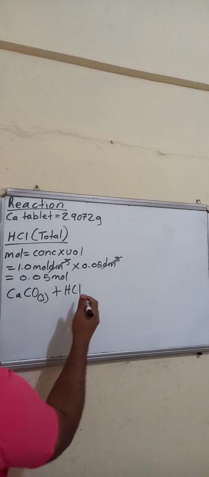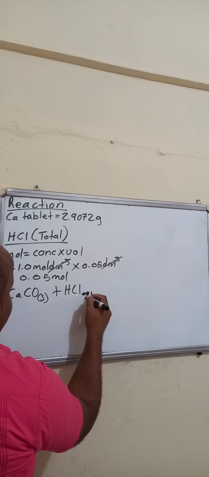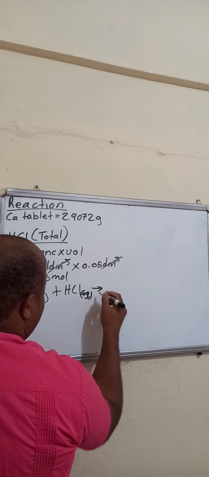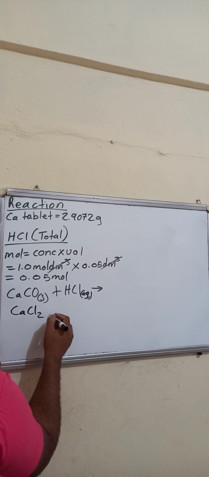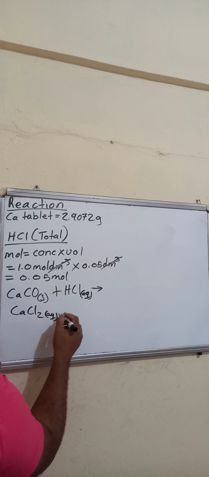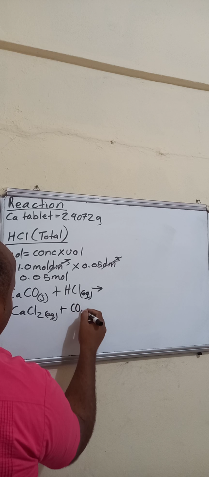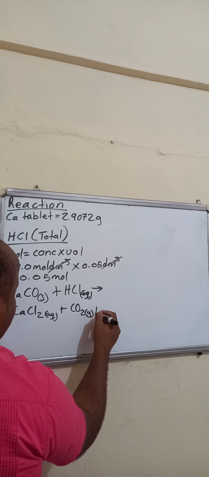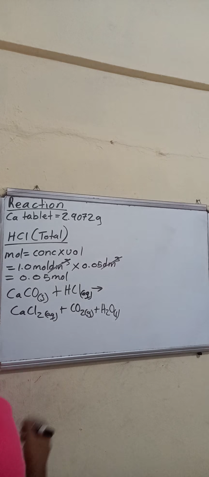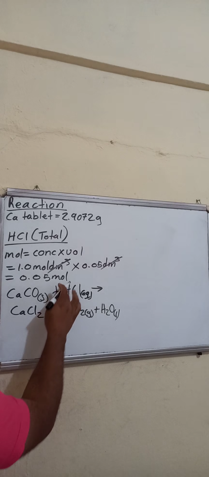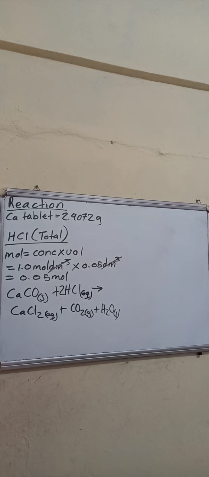So calcium carbonate plus hydrochloric acid gives calcium chloride, carbon dioxide, and water. If you balance this equation, you should get a 2 in front of the HCl.